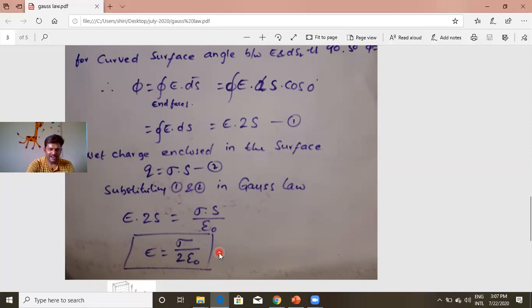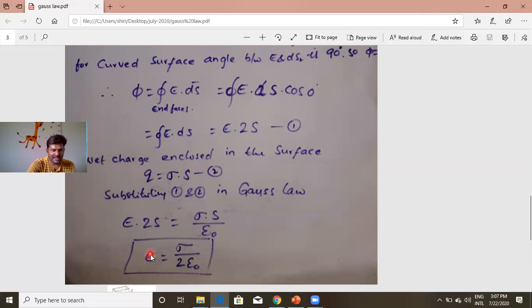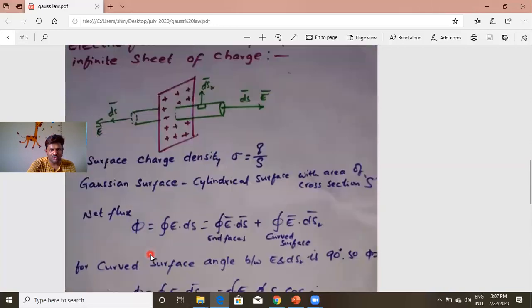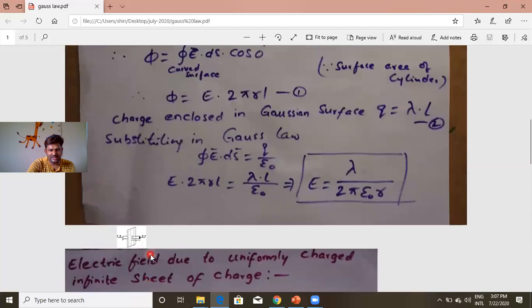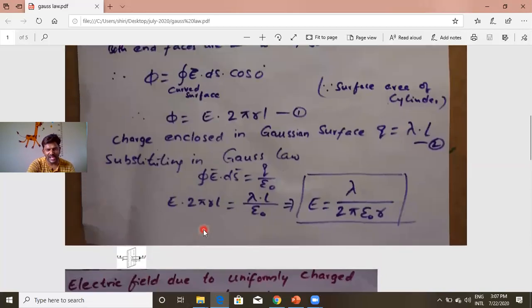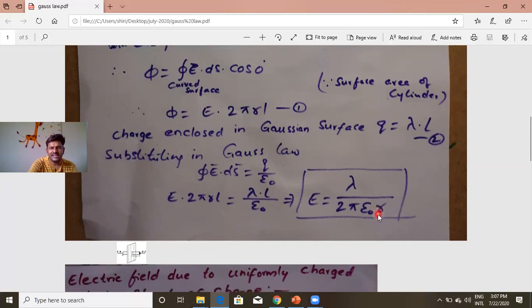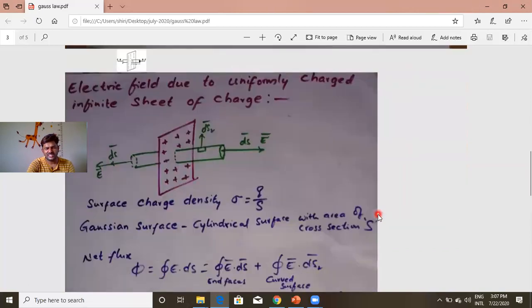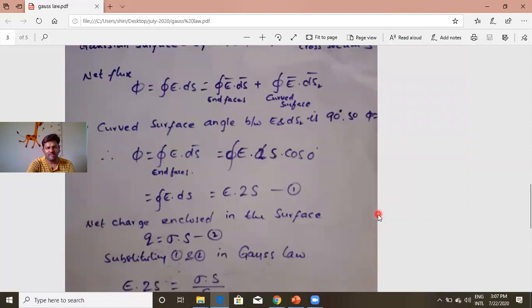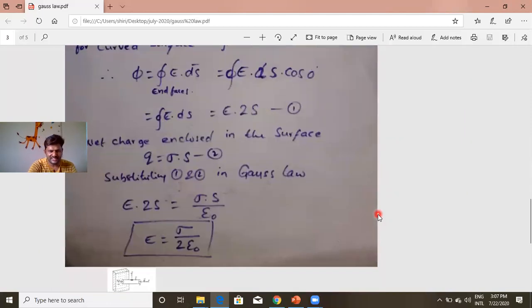You can see here it is not dependent on the distance. In the earlier case, when we discussed the electric field intensity due to a wire, we saw it is dependent on the distance. But here it is not dependent on the distance. It is uniform everywhere on both the sides. E is equal to sigma by 2 epsilon naught.